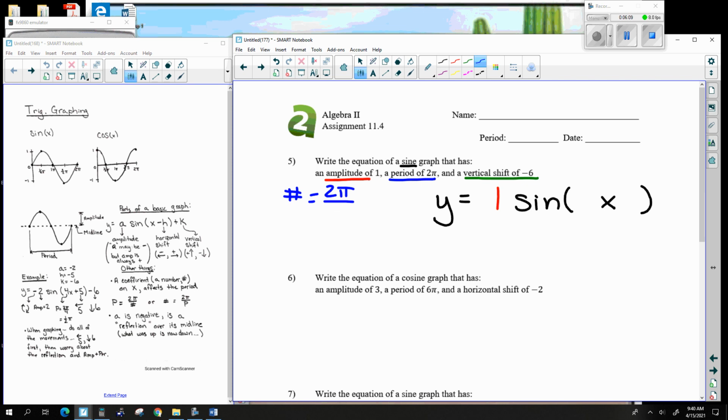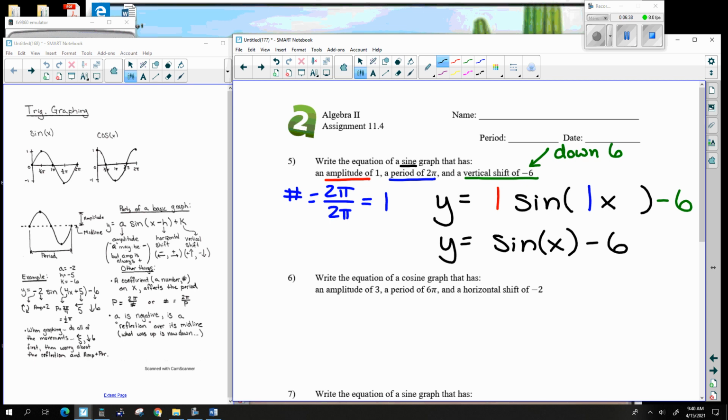The period in this situation is 2 pi, so 2 pi divided by 2 pi is 1. Then we have a vertical shift of negative 6, that's aka down 6. Okay, so that's going to occur on that outside minus 6. Again, you don't have to represent ones. So this is going to be sine x minus 6. So that has an amplitude of 1, a period of 2 pi, and it's moved down 6.